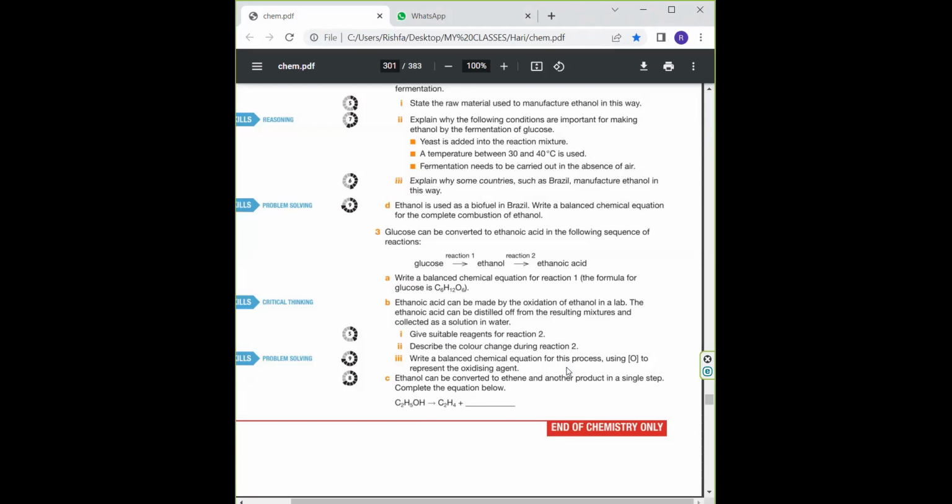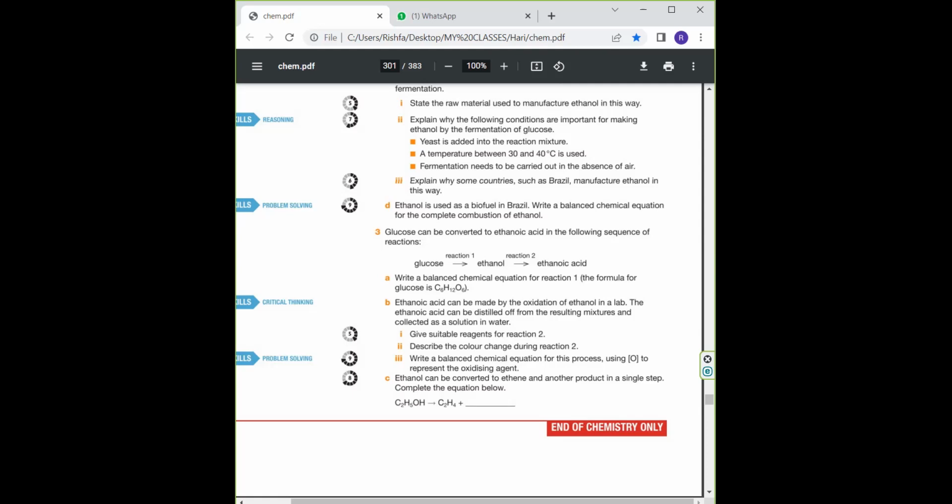Wait, I forgot to do C. Ethanol can be converted into ethane. Ethane. Water, right? Yes, water. So, miss, isn't it a reversible reaction? You're asking if that's a reversible reaction. Because look in the note, production of alkenes, ethene plus steam gets turned into ethanol. Then you can turn ethanol back into ethane.